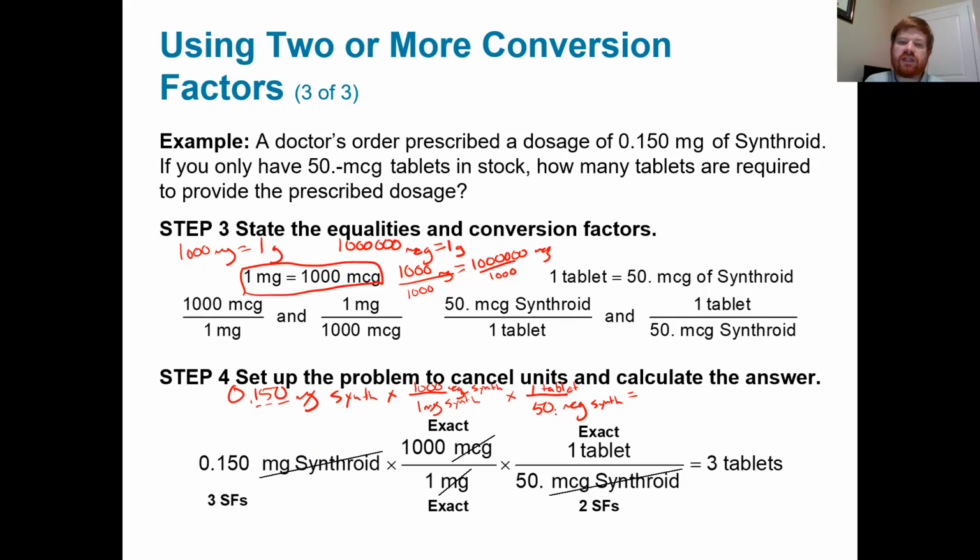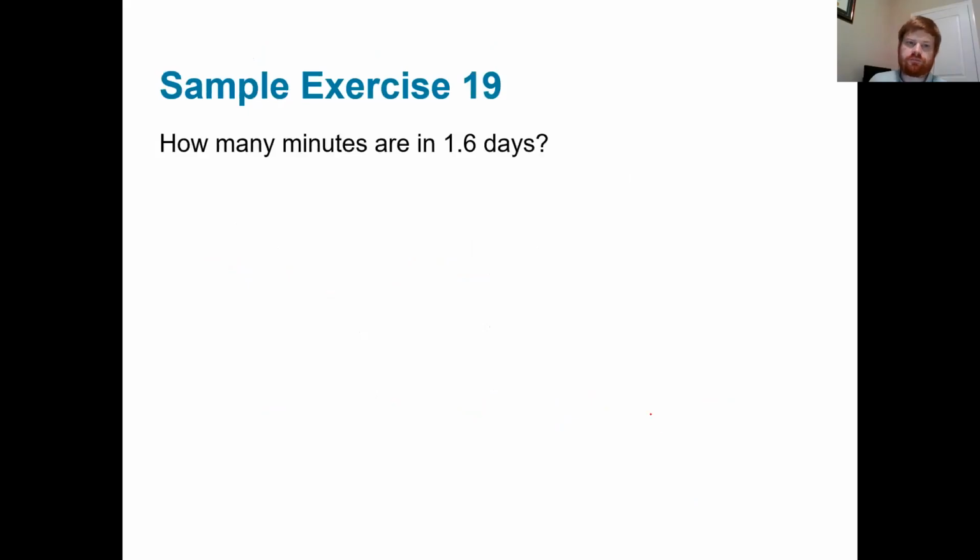So 50 with the decimal point micrograms means the trailing 0 in a number with a decimal is also significant. So that's 2 significant figures for that one. Now in the end, that doesn't apply because we end up with an answer of 3 tablets. Sure enough, you could say 3.0 tablets if you wished, but 3 tablets is also acceptable since you're just going to count out the 3 tablets.